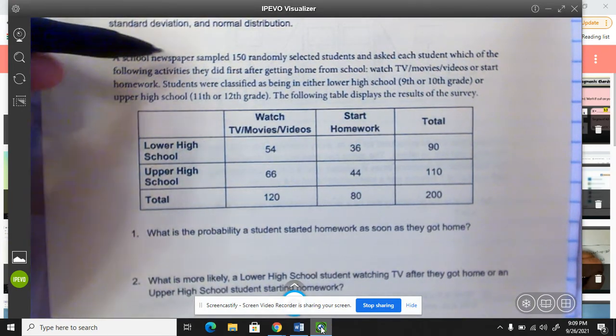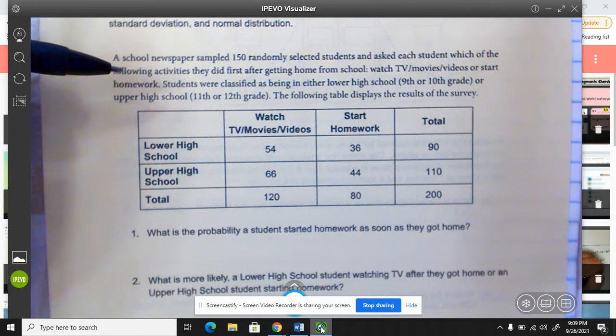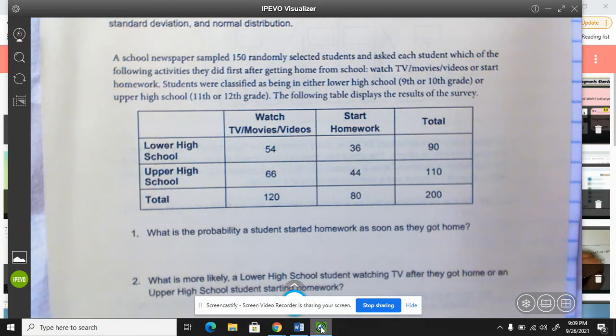It says a school newspaper sampled 150 randomly selected students and asked each student which of the following activities they did first after getting home from school: watch TV, movies, videos, or start homework. Students were classified as being in either lower high school, 9th or 10th grade, or upper high school.